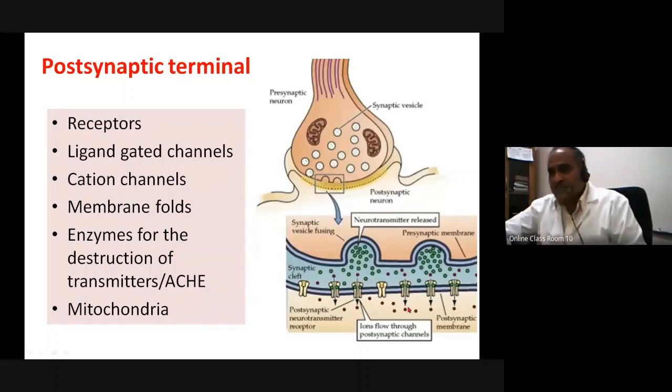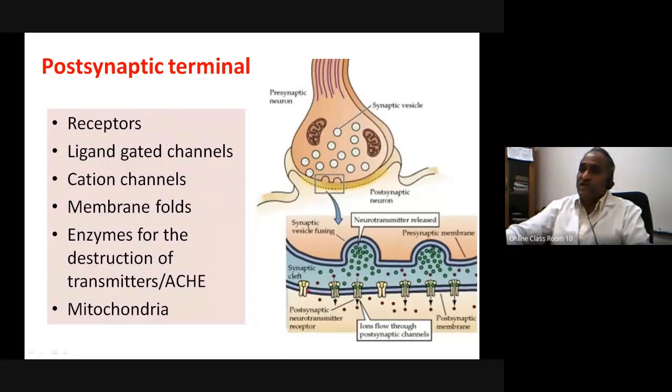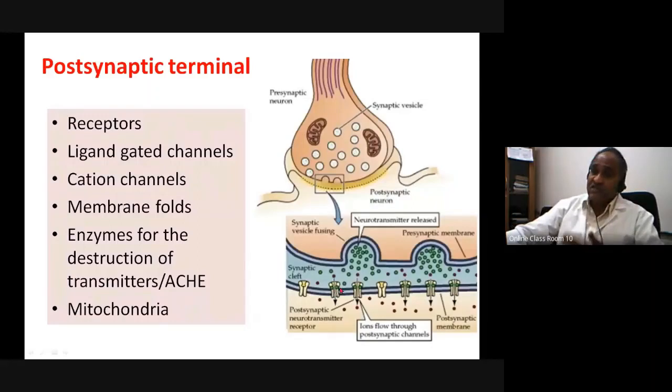Like that, for each neurotransmitter there is one receptor, and the association of the neurotransmitter with these receptors means these receptors act as a ligand, and then they open up the cation channels or anion channels depending upon the type of transmitter.